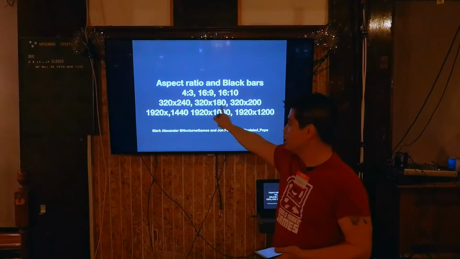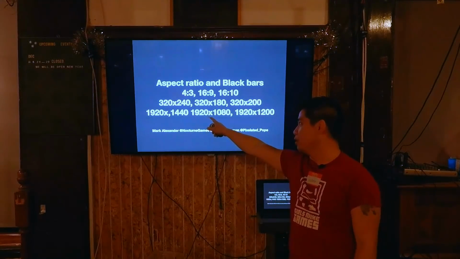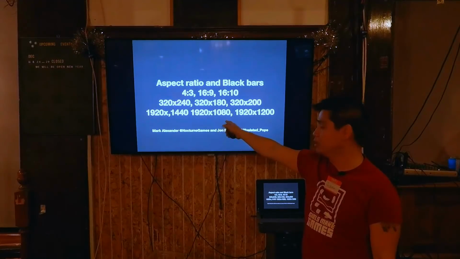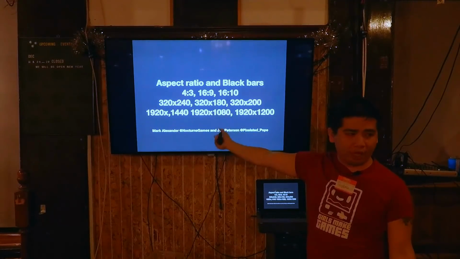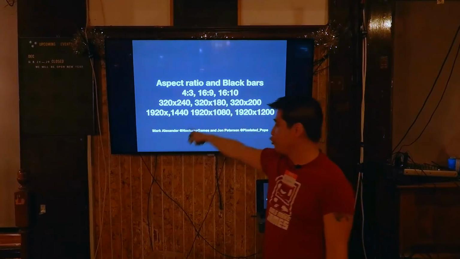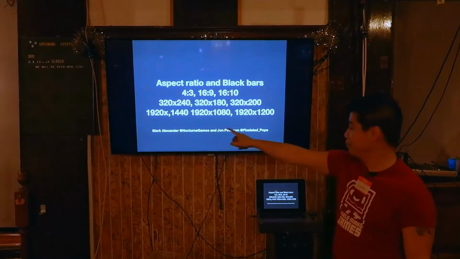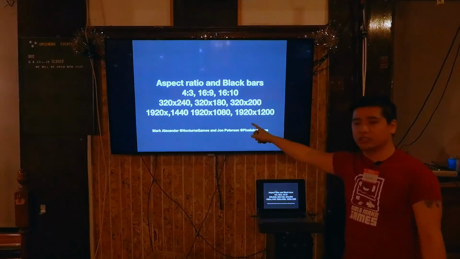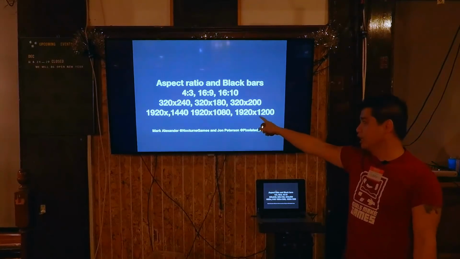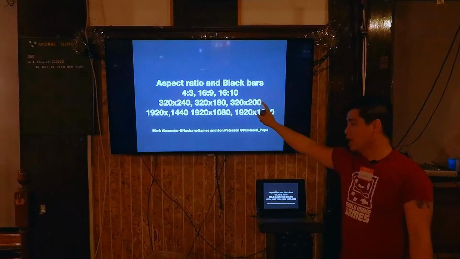The standard resolution on most TVs now is 1920 by 1080, which is known as Full HD. In a 4x3 ratio, that would have been 1920 by 1440. There's no TVs that do that. There's a few 16 by 10 monitors and computers, including this one. It does 1920 by 1200, which is 16 by 10.